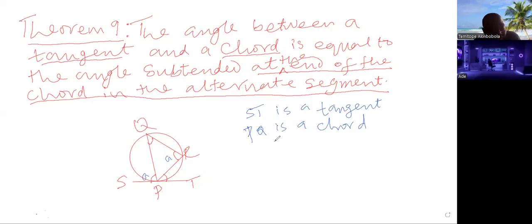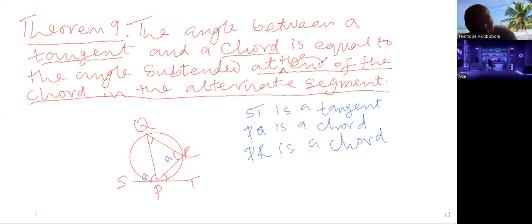Am I communicating? Yes, sir. PR is also a chord. Now, PR, the angle between a tangent and a chord, is equal to the angle subtended at the end of the chord in the alternate segment.